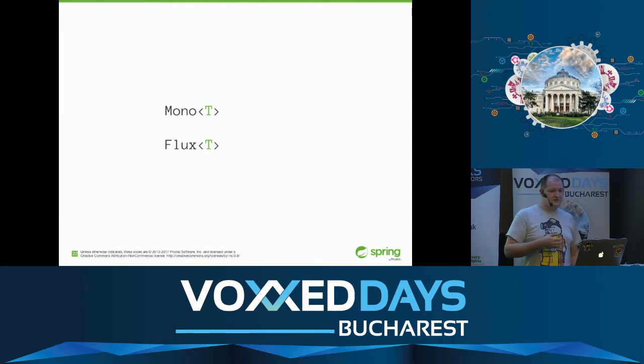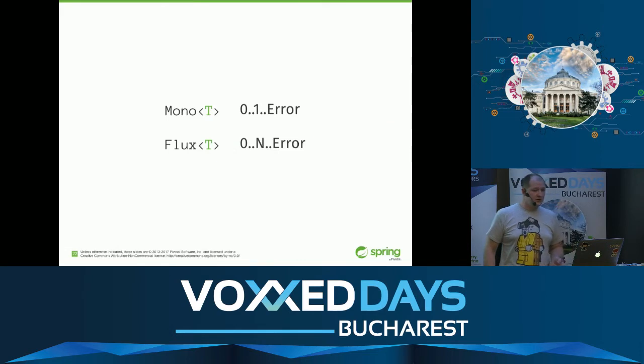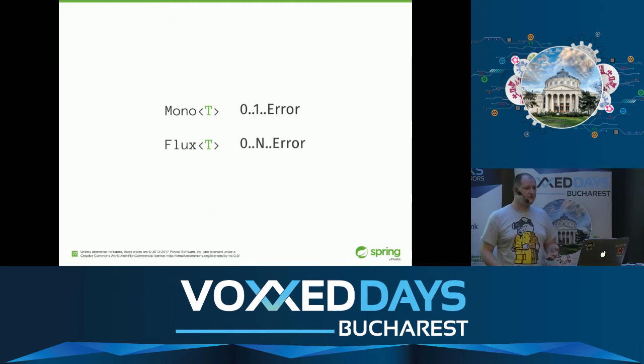It's not entirely unimportant to know whether you can expect one element or thousands or infinite, and that's why we went this way, providing Mono and Flux. With a Mono, you are able to receive 0 data elements, 1 element, or an error signal. And with a Flux, you can receive either 0 data elements, any number of elements, or an error. And this any can also be an infinite number of elements, so you are not limited by any count that you have to know upfront.